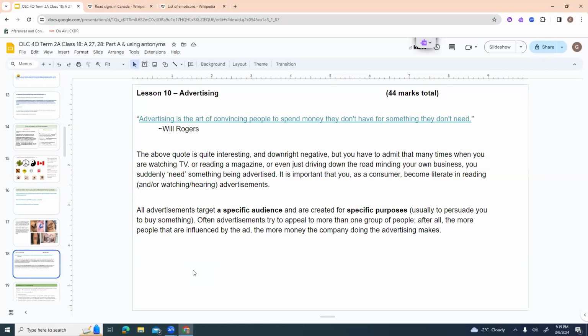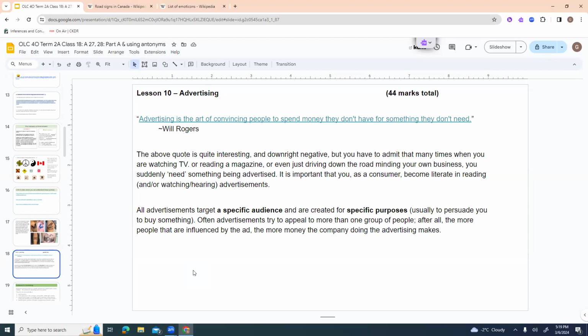So it's really important that you, as a consumer, become literate in reading and watching and hearing advertisements so you understand what manufacturers and whoever else is trying to sell you stuff are doing. And I firmly believe that knowledge is power, and that gives you the ability to make sure that you are the one choosing to do things, not manufacturers trying to manipulate your emotions to buy things.